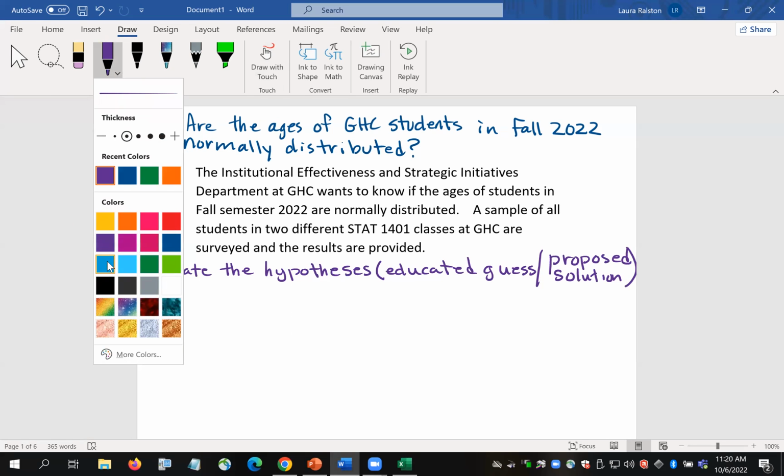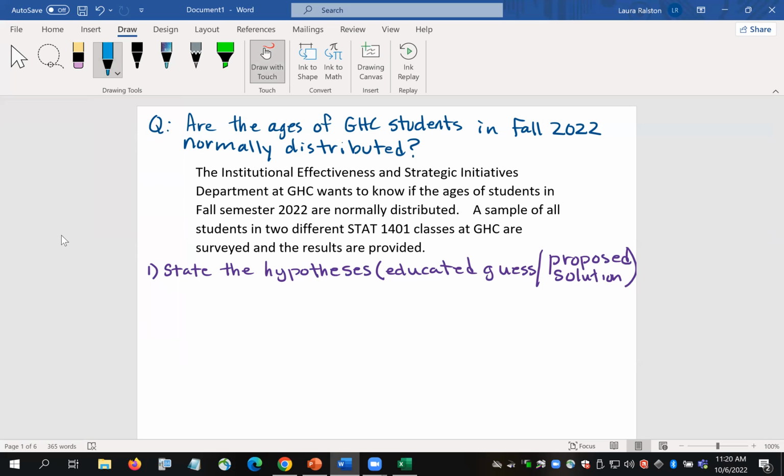So for this problem, typically you'll see H with a subscript of 0 on the top, and then H with a subscript of A on the bottom, stacked on top of each other. Think of it as 2 rows. Your null hypothesis is on the top row, the alternative is on the bottom row. That's just the standard that you see.